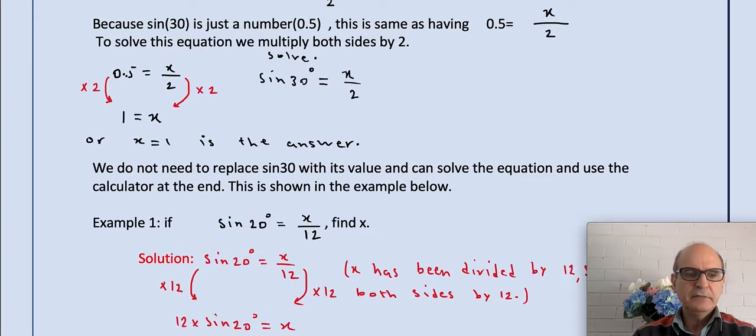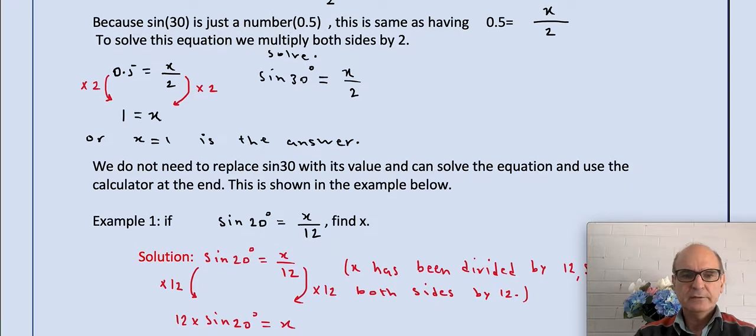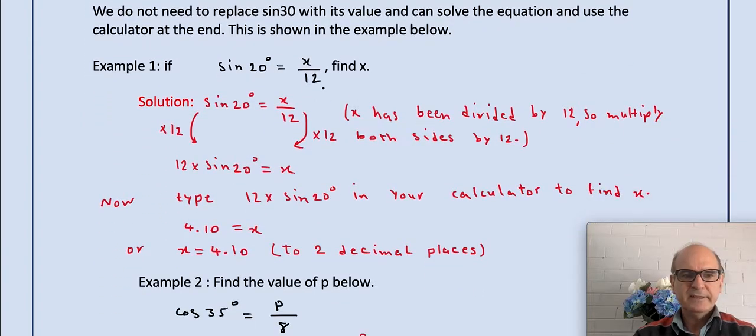Now here what we did, we replaced sine 30 with half. But in practice, you don't even need to do that. You can just keep sine 30 and times both sides by 2 and then enter the whole thing in your calculator. As an example, here you have sine 20 is equal to x on 12.